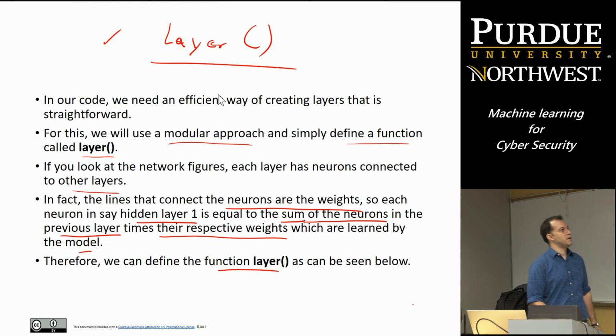For this, we will use a modular approach and simply define a function called layer. So if you look at the network figures, each layer has neurons connected to other layers, right? In fact, the lines that connect the neurons are the weights. So each neuron in, say, hidden 1 is equal to the sum of the neurons in the previous layer.